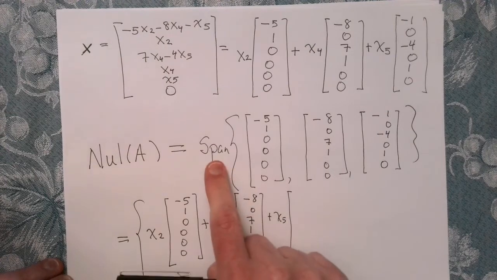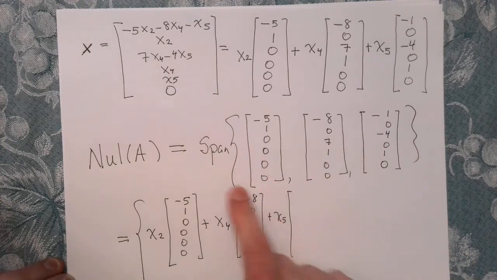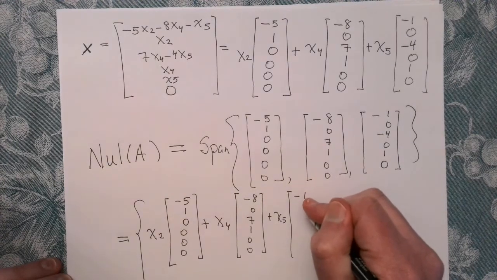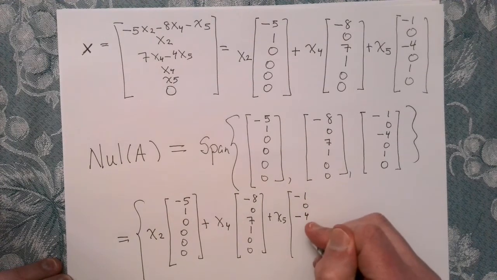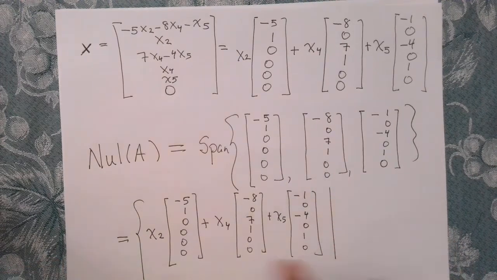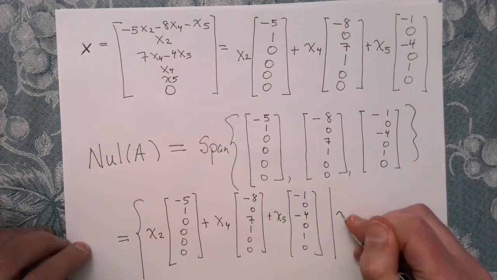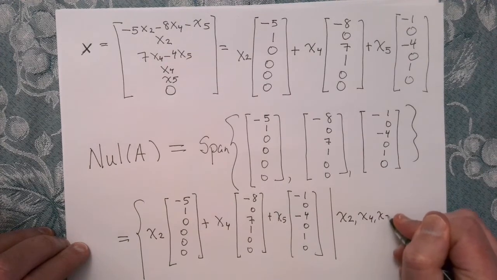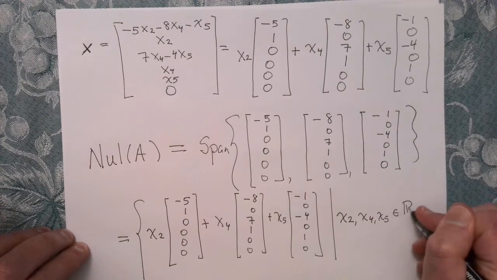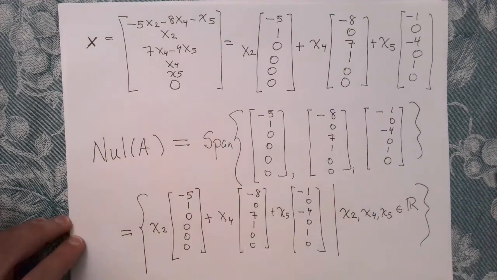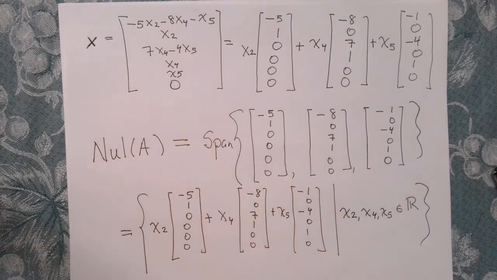So I can either write the span of the set, or I can actually write out the set of all linear combinations, which is actually just the definition of the span. But I have to mention these are real parameters. So x2, x4, and x5 are real parameters. And there's your null space, collection of all vectors that get sent to the 0 vector by the matrix A.